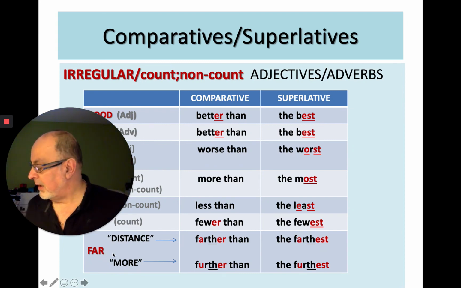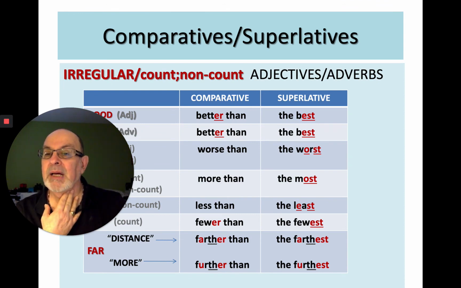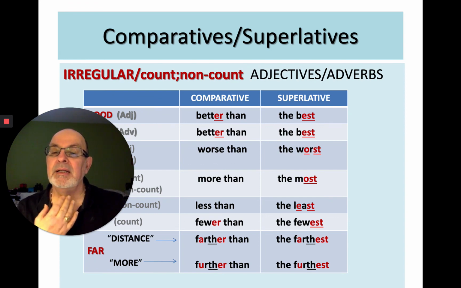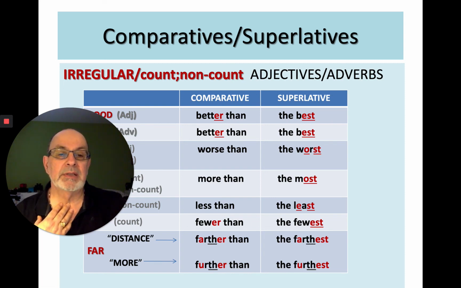I fixed that by separating the first R from the second R, and I do that using the TH sound. So I start in the back, I come to the front, I go back to the back, and now the word becomes farther than. It doesn't sound like I'm drunk. Farther than, the farthest, okay? This will help people sound more normal.